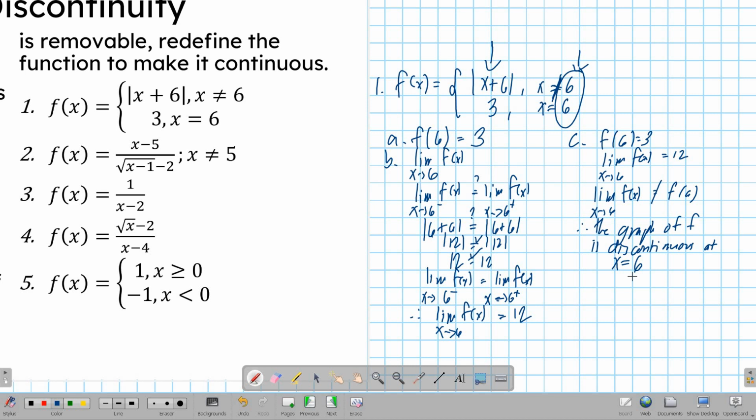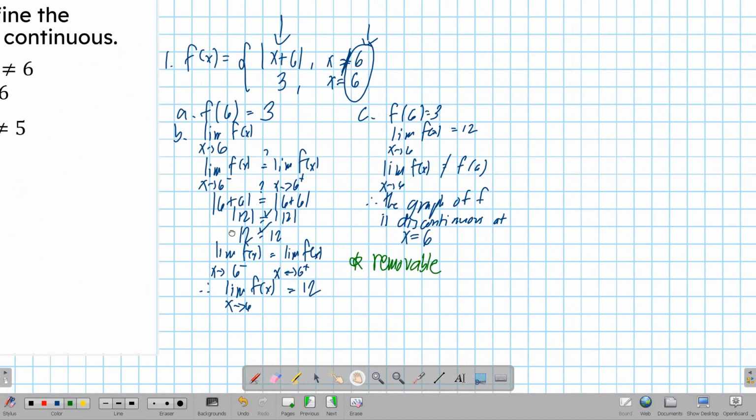Now, if we are to redefine the function to make it continuous, we just have to make it equal, because this is a removable discontinuity. If the limit does not exist, then this is an essential discontinuity. But here, since this is a removable discontinuity, we just need to redefine the function so that the limit would be equal to f of c.